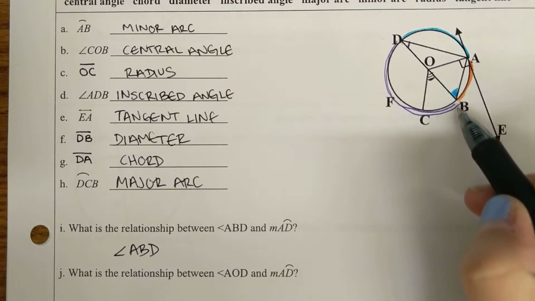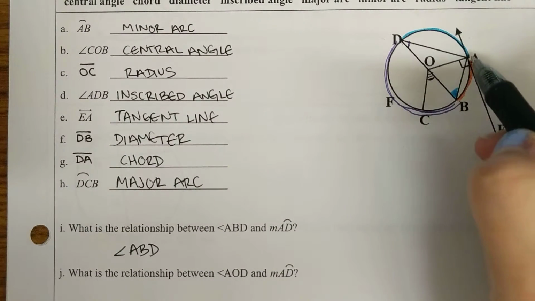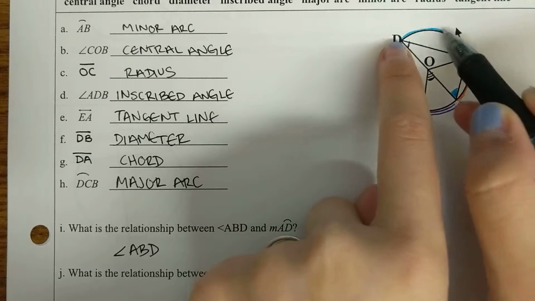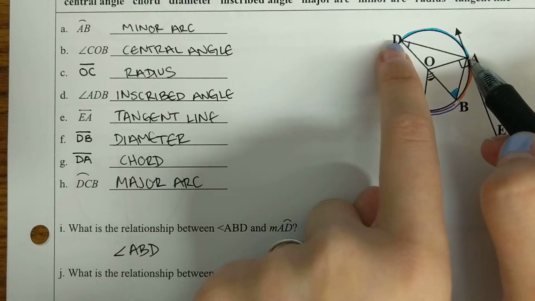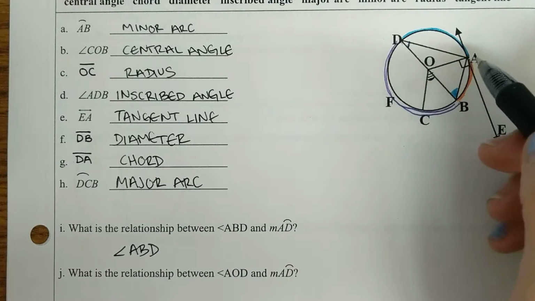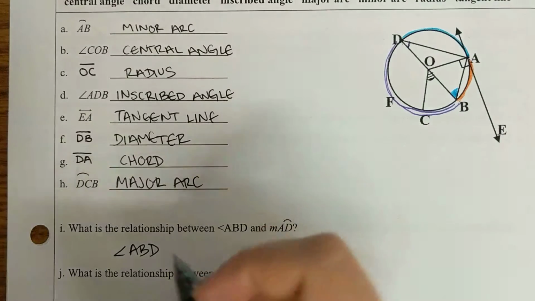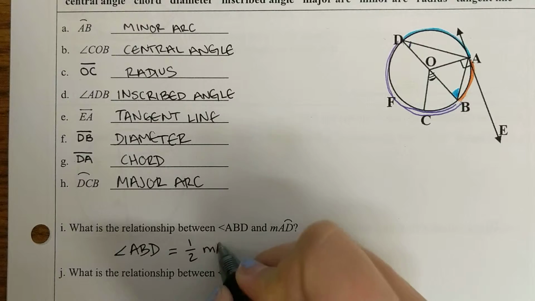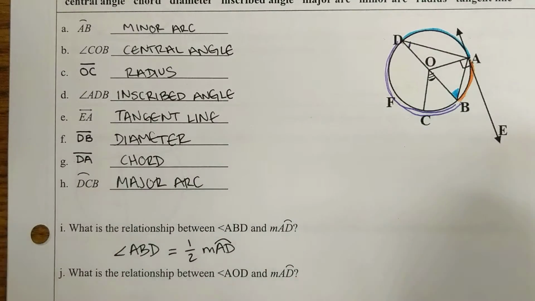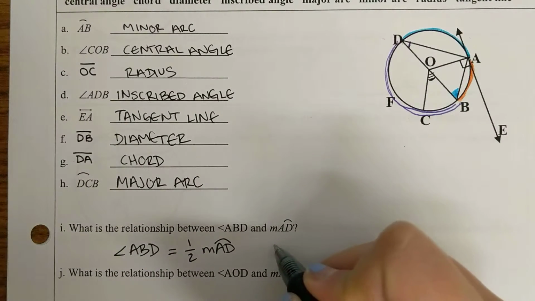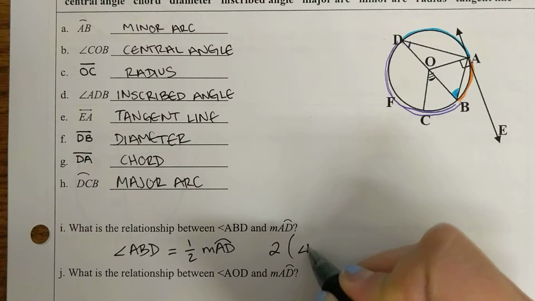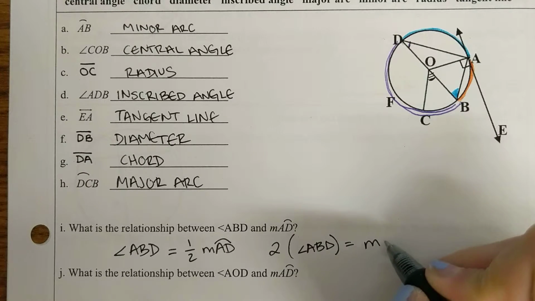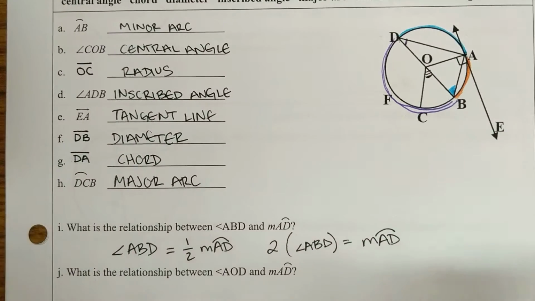Okay, so ABD is inscribed, and see how the A and the D surround the B, ABD. Arc AD is called the intercepted arc. The inscribed angle is always half the measure of the intercepted arc. This could also be written as 2 times angle ABD is equal to the measure of arc AD.